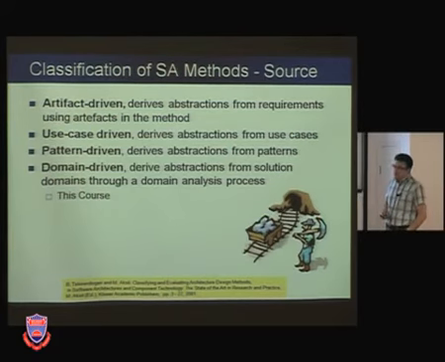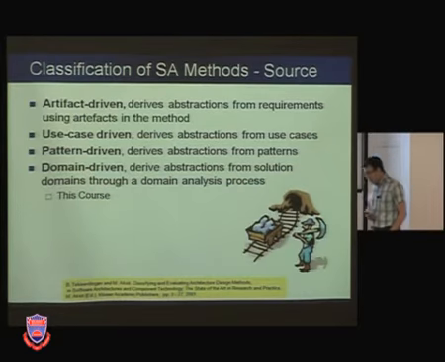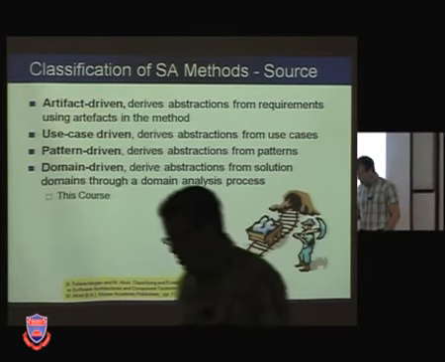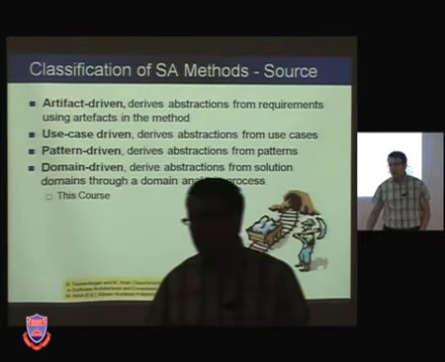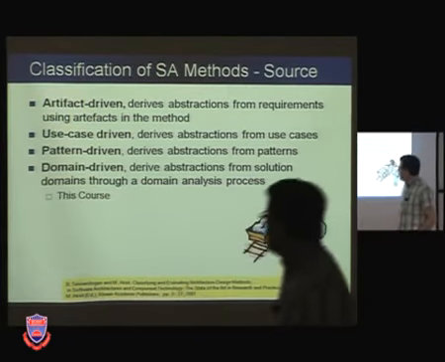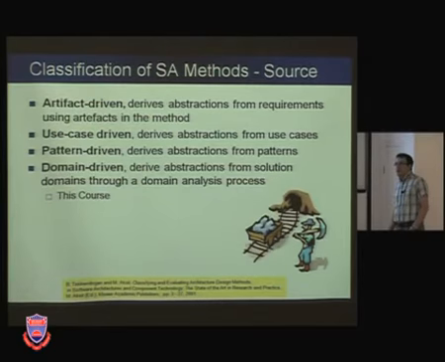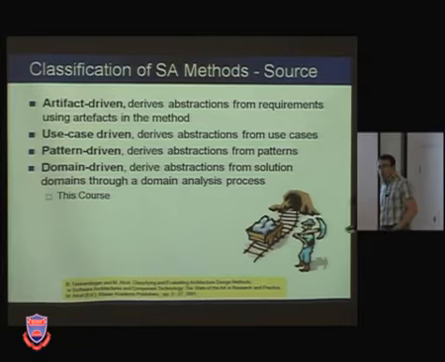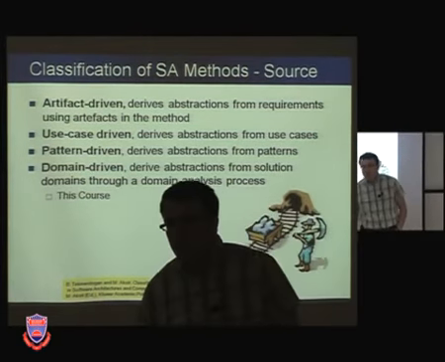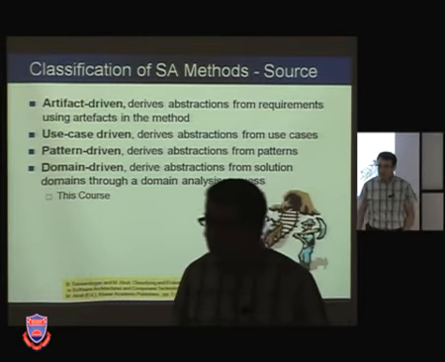Use case-driven approaches basically take use cases as the source of architectural components or the driving force. The pattern-driven approach derives abstractions, the architectural elements, components, or even almost the complete architecture from patterns.